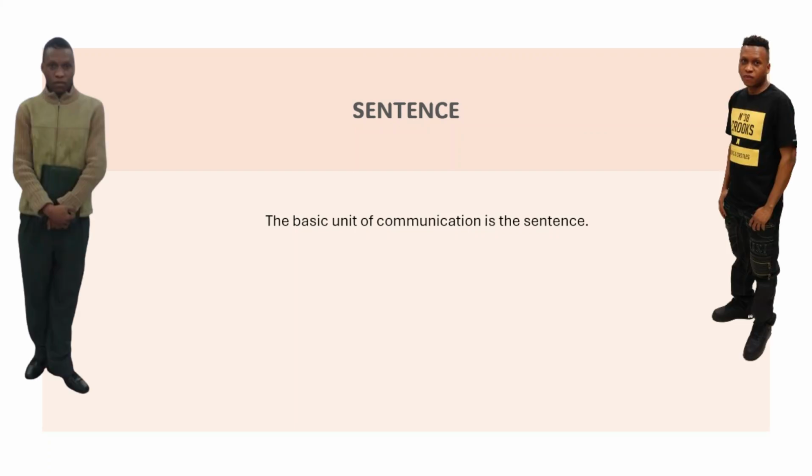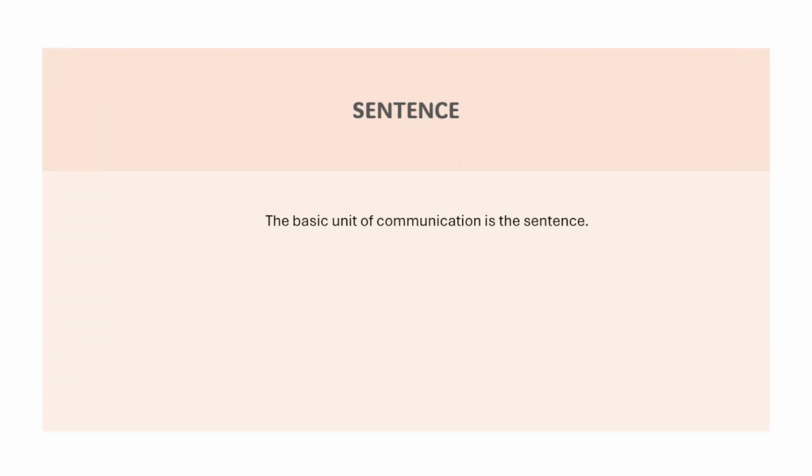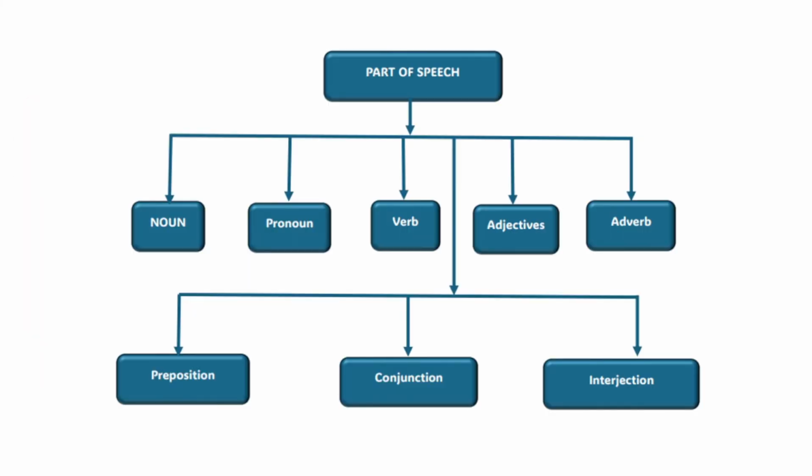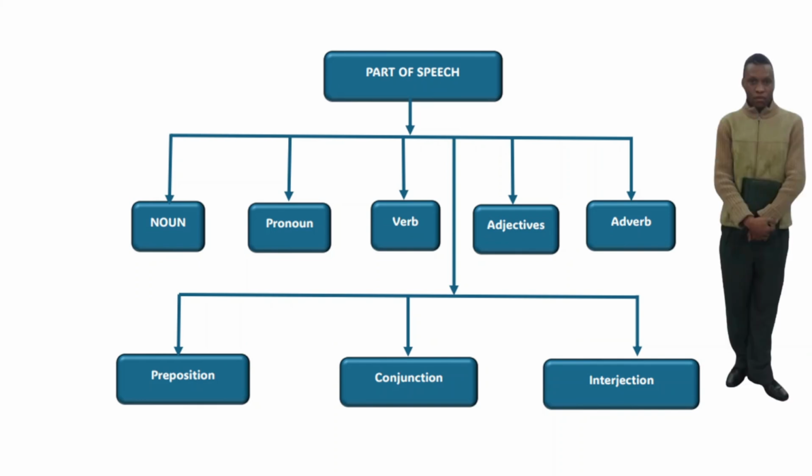Look, the basic unit of communication is the sentence. Now, we need to know what is inside of the sentence, okay? So, for us to write correctly, let's say you are a university student, college student, high school student.